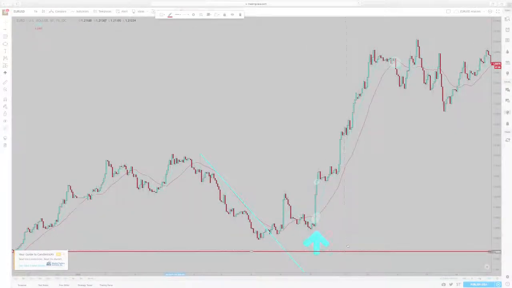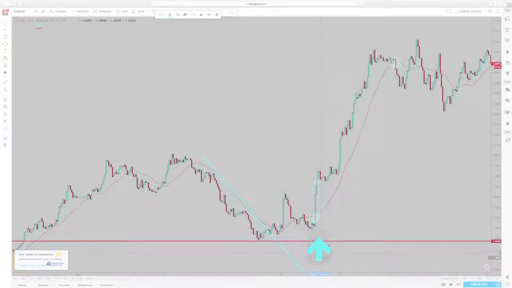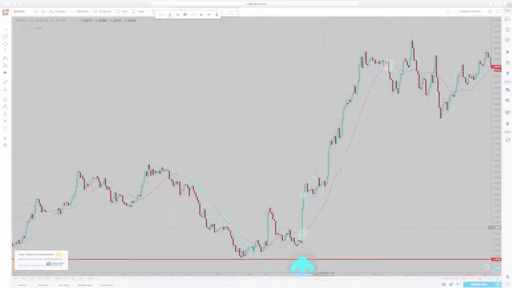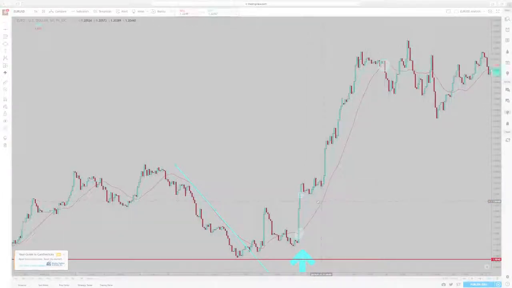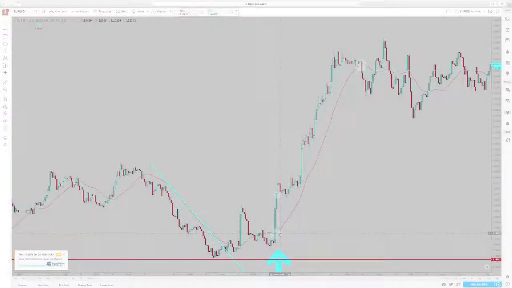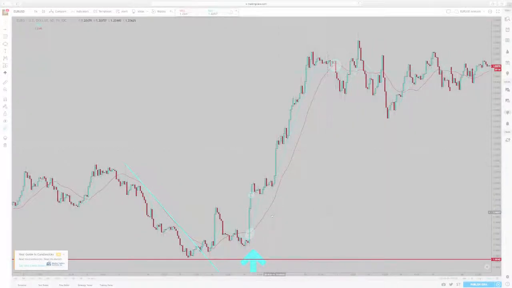So now you see why that looks like a better entry. And then that crossover right there after this jump gave us our entry. Let's say we were looking for a place to exit. Let's say we just hold this trade all the way until it crosses over again. Now it's 231 pips.